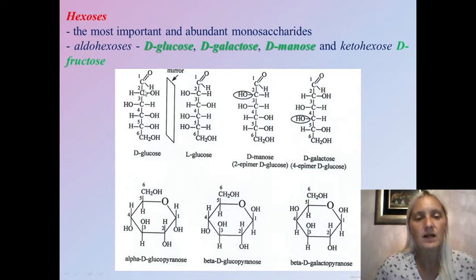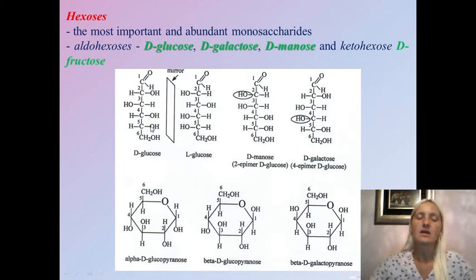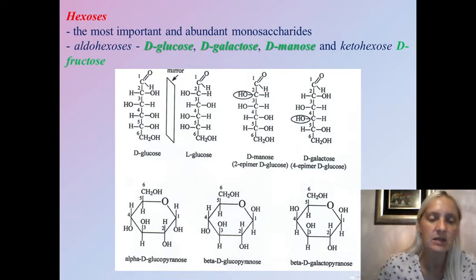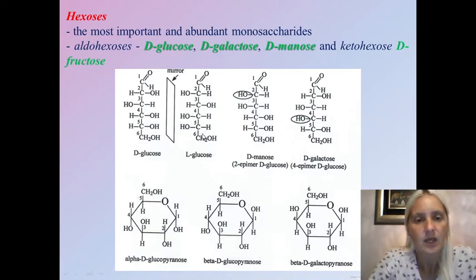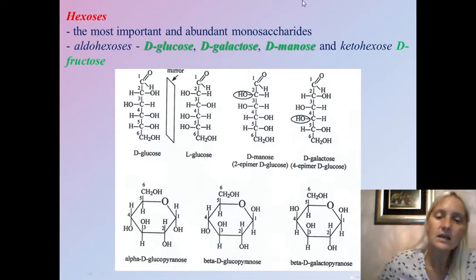From the aldehyde group, C5 is the farthest, so by the position of the OH group at C5 we can conclude about the optical isomerism. So this one is going to be D-glucose and the other one is going to be L, with OH on the left side.